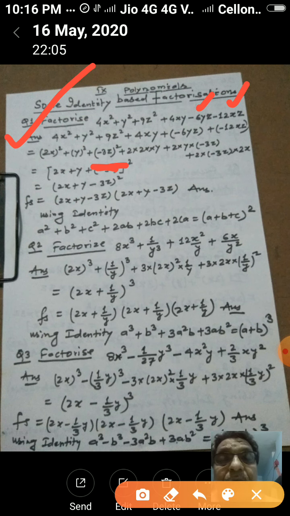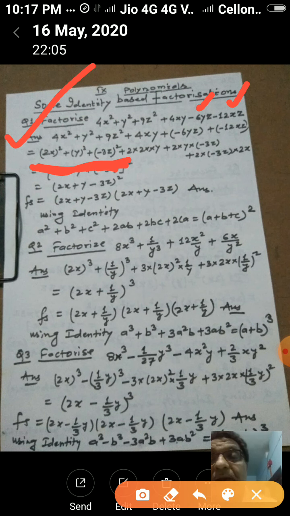Now after that we write 2 into a into b, taking our a and b, plus 2 into b into c plus 2 into c into a. We suppose these three squares as the first one a square, the second one b square and the third one c square.